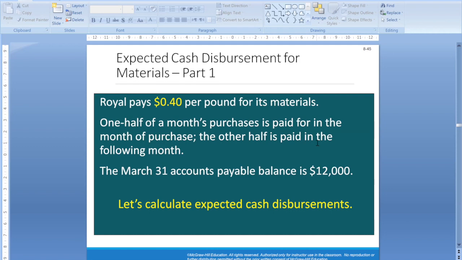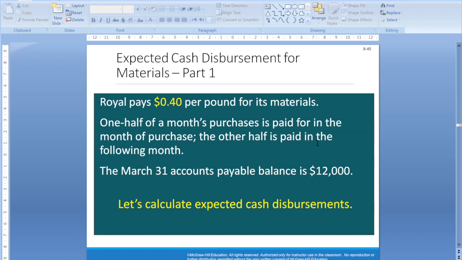The March 31st accounts payable balance is 12,000. So again, this will be a beginning balance for April. So we still need to pay accounts payable related to March in April, which represent the 50%. Why? Because in March, we pay 50% related to March, and the other 50 will be paid in April.